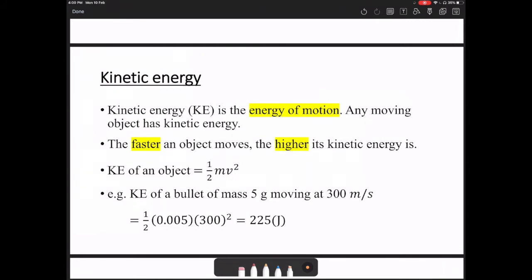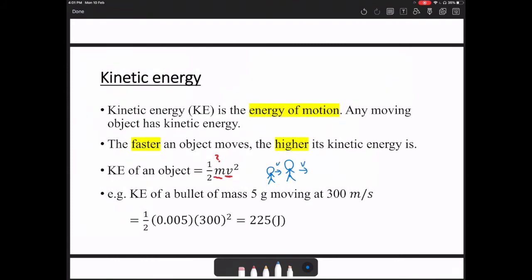You may think, of course, velocity is related to kinetic energy, right? Because KE is the energy of motion. But why is mass still related to the kinetic energy? Let me give you one example. Suppose we have 2 guys, a small guy and a big guy. They are both running at the same speed.